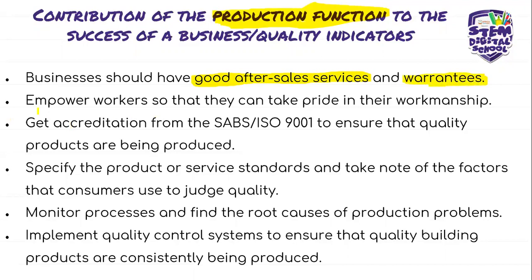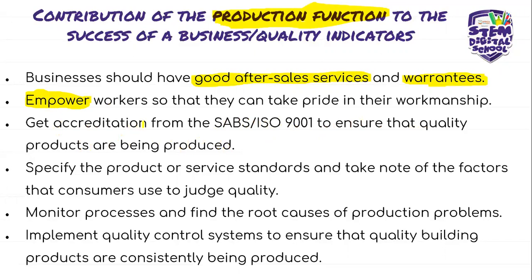We must also empower workers so that they can take pride in their workmanship, right? Empowerment is very important. All right. Get the accreditation from the SABS or the ISO 9001 to ensure that quality products are being produced.